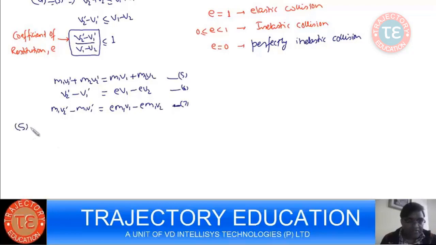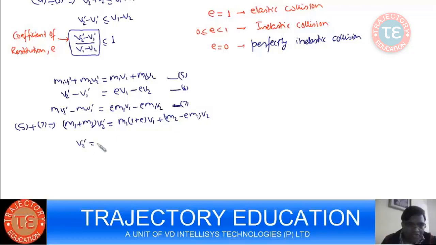If I add 5 plus 7, this will cancel out, and you will get (m1 plus m2) v2' equals (1 plus e) m1 v1 plus (m2 minus e m1) v2.